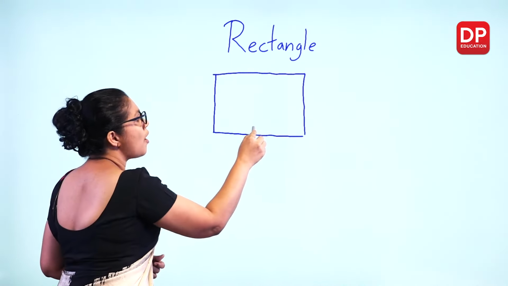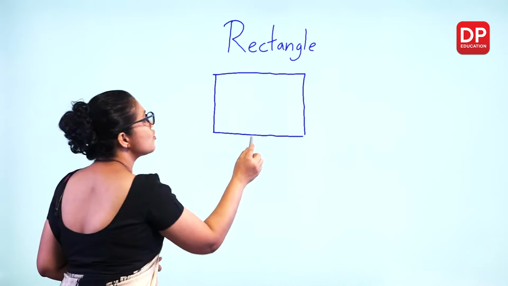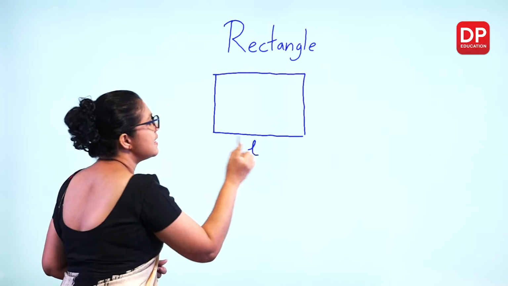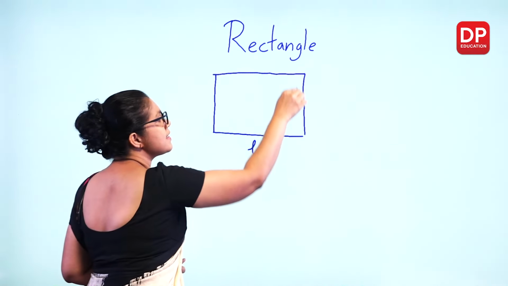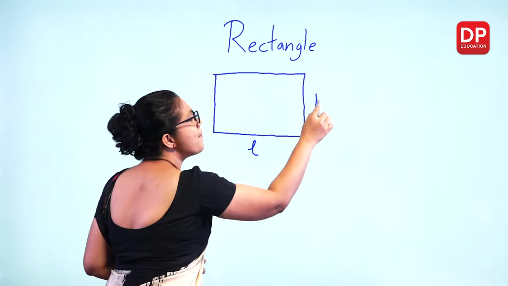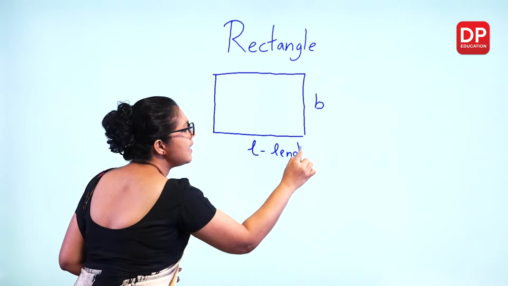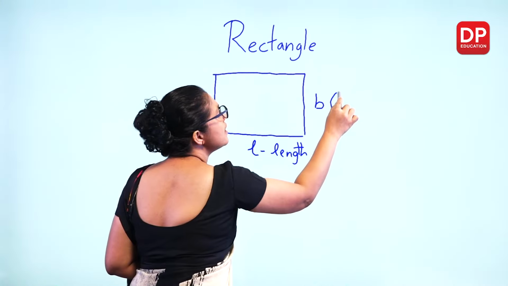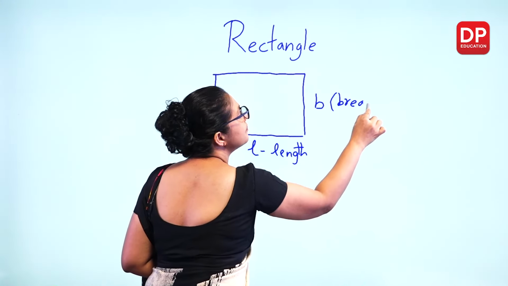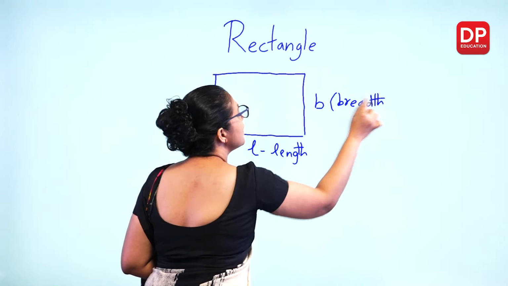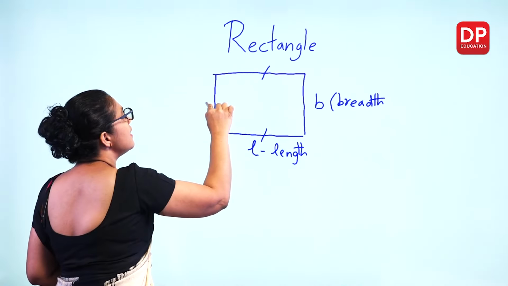Here opposite sides are equal. I can take this as length. What about this side? We call it breadth. I'll write length for the longer side and breadth for the shorter side. And opposite sides are equal.